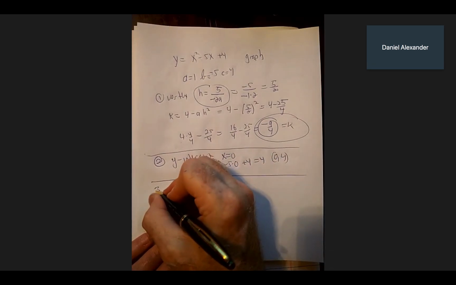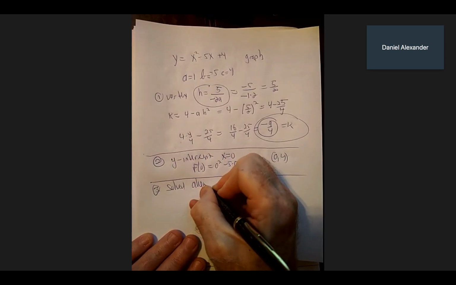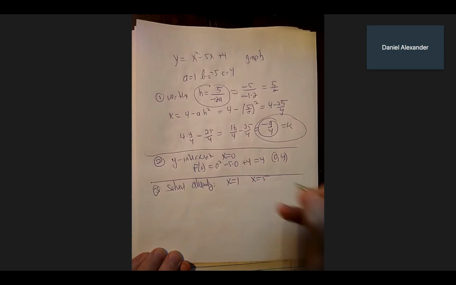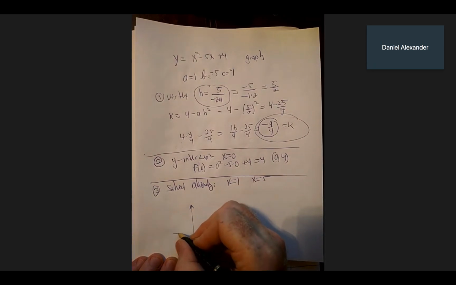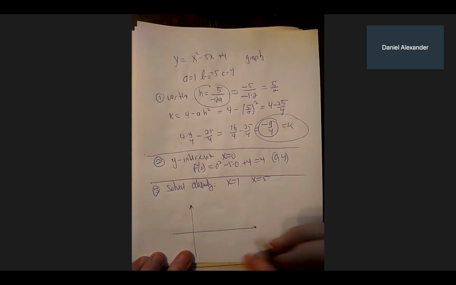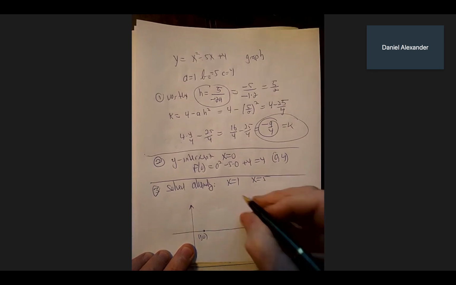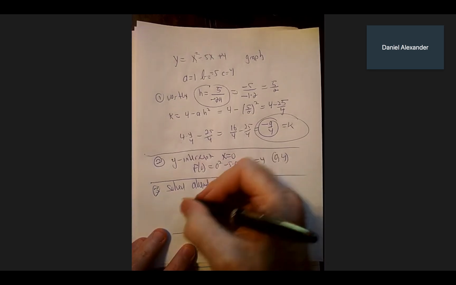Now, we already solved this, and we got x is equal to 1 and x is equal to 4. Okay, so here's what I'm going to do. I'm going to plot points. We know that (1, 0), the graph crosses there, and at (4, 0). These are my x-intercepts.